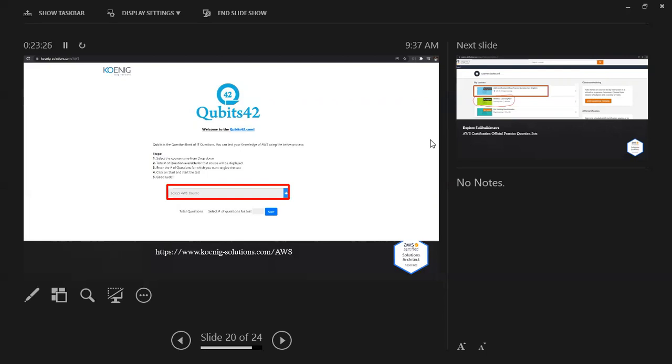Though most times, most of the answers to these questions are not right, and that's why you have to be careful when you are answering questions. That's why you have to have read, studied, and labbed, so that you can always be careful when selecting an answer on most of these sites. So kindly visit the Qubit 42 site and check out the exam question bank.